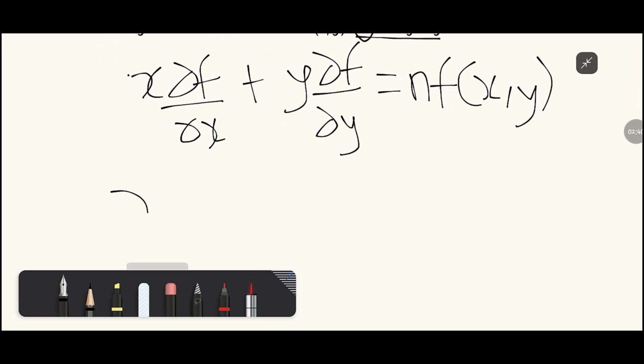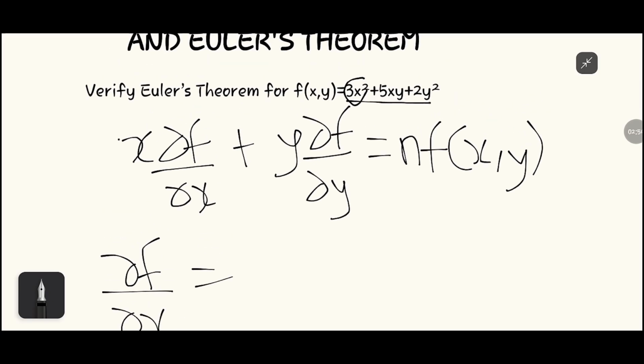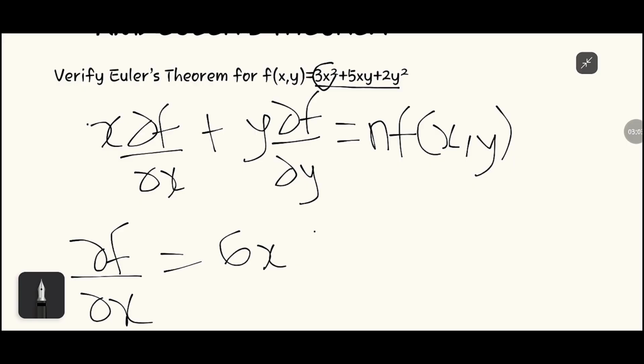So now, since we have found the degree to be 2, we have to find ∂f/∂x. For ∂f/∂x, we are differentiating with respect to only x. Differentiating the first term, we're having 6x, plus 5y. Differentiating 2y², we'll be having 0.